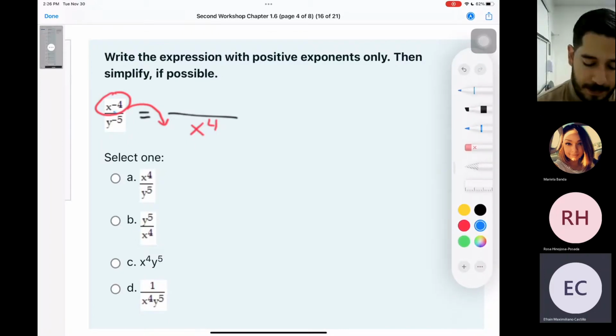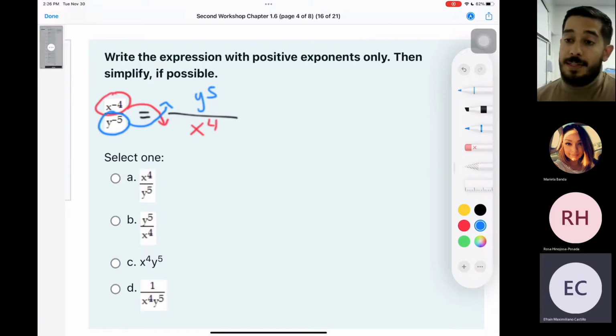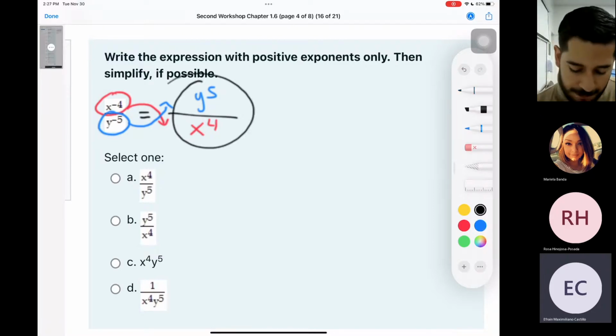And then the y is negative on the bottom. I have to send it to the top. And if I do that, then the exponent becomes positive. That's the only thing that changes. Okay, getting the reciprocal means change the sign of the exponent. Again, these are rules for exponents, they only apply to exponents. Okay, so that should be my result: y to the 5 over x to the 4.